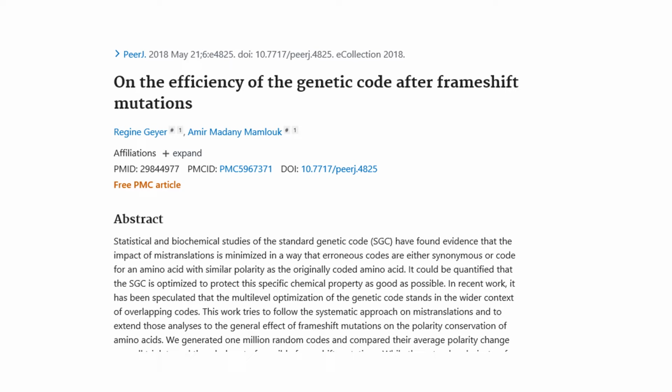But in any case, if you take a lot of these random genetic codes and analyze them for efficiency, and analyze how good they are at resisting, or not really resisting, but correcting for, being unaffected by point mutations, frameshift mutations, and so forth, we see a very interesting result.